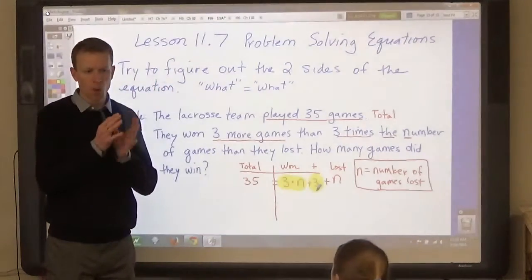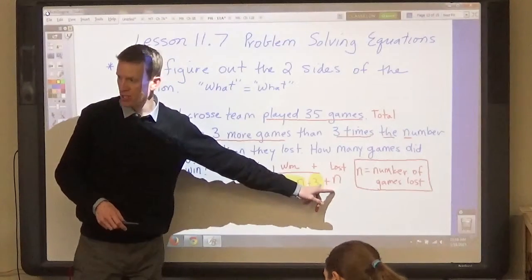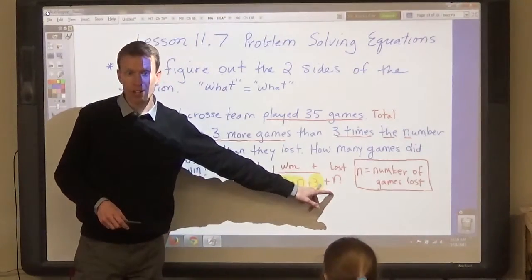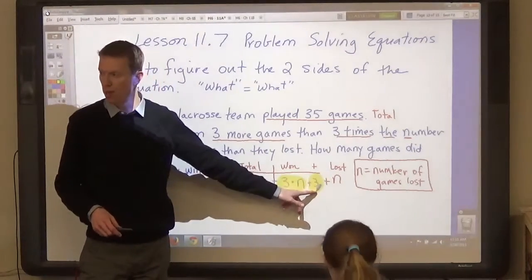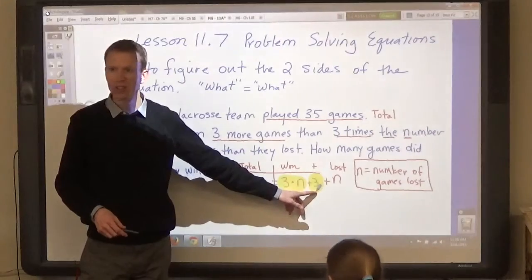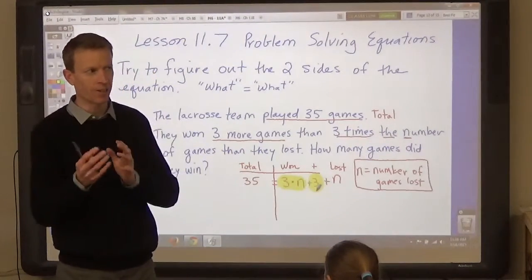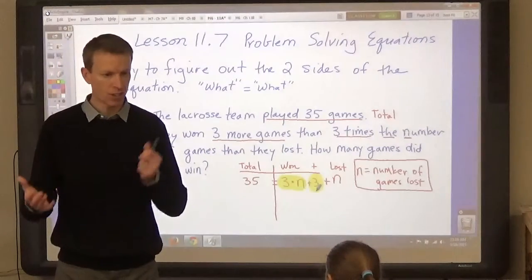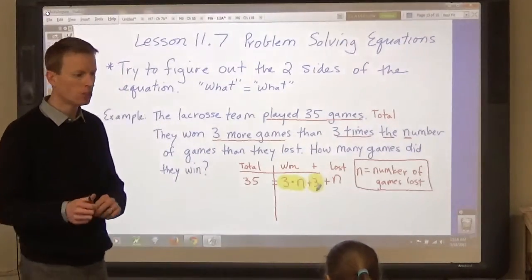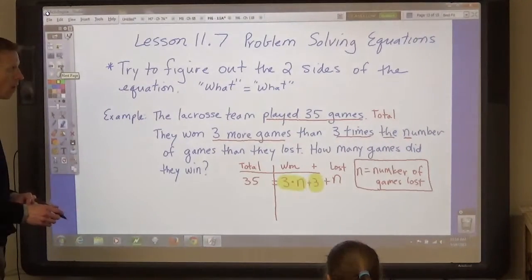But on a more basic level, the number of games lost. That's our variable. If we know what that is, then we can figure out how many games were won, right? So, when you're making a prediction, it's guessing an amount and then checking your guess. Guess and check method, right?